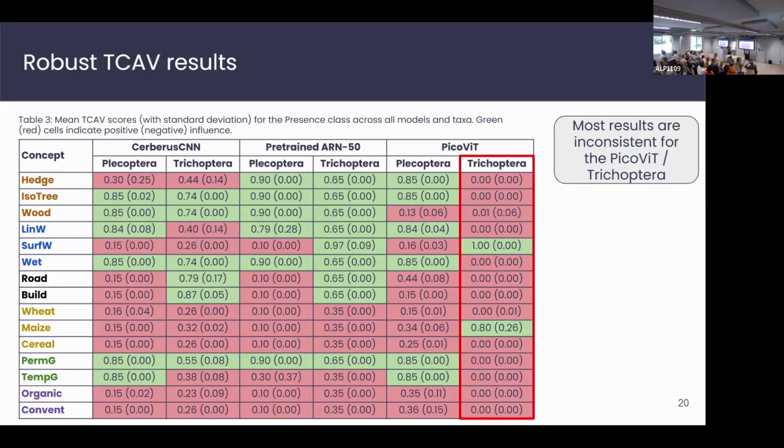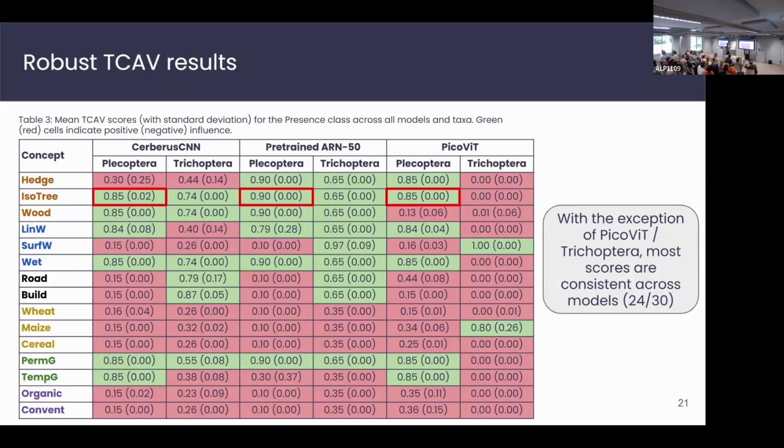When you explain a model, you explain the model, not the underlying ecological processes, and when the model is bad, you'll get bad explanations. So we just need to keep that in mind. That being said, it is interesting to see that when we have reliable models, we have most concepts with consistent scores across architectures. So this is quite reassuring about the quality of the method.